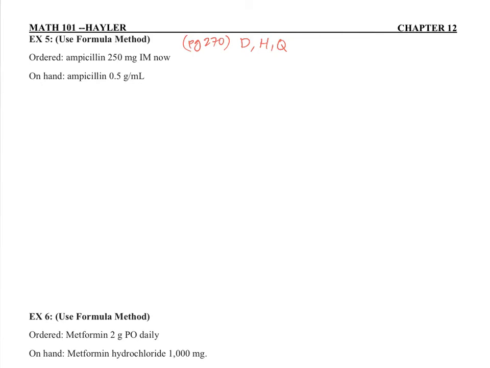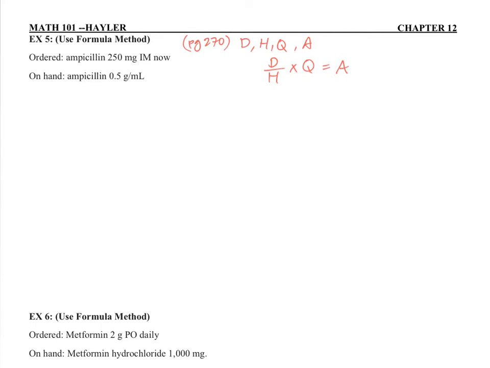Remember, D is the desired dose, H is the dose on hand, and Q is the dosage unit. We also have A, the amount to administer. For the formula method, we use D over H times Q equals A. So the desired dose divided by the dose on hand times our dosage unit is going to be equal to the amount to administer.